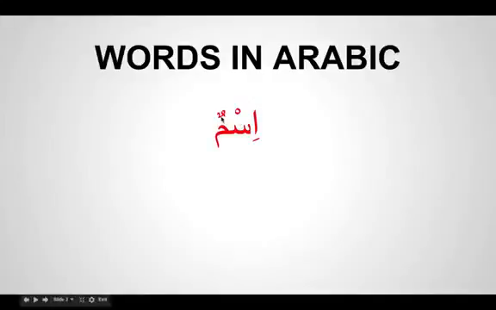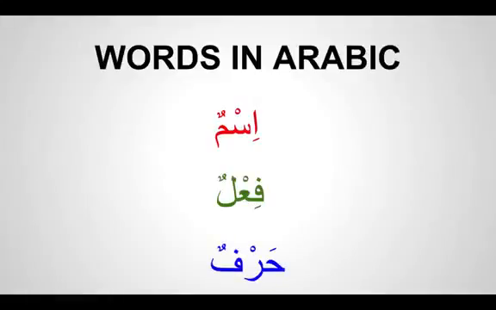The second word is called a fi'al, fi'alun. And the third word is called a harf, harfun. So we have ism, fi'al, and harf. We'll be learning what these three mean.